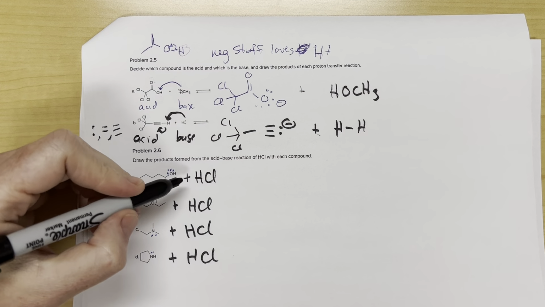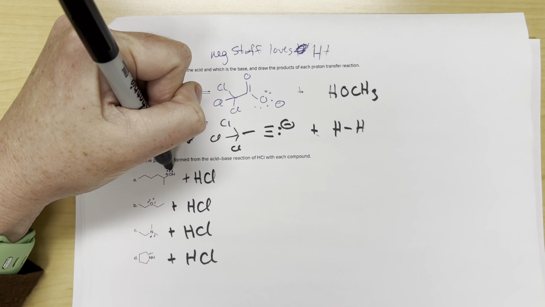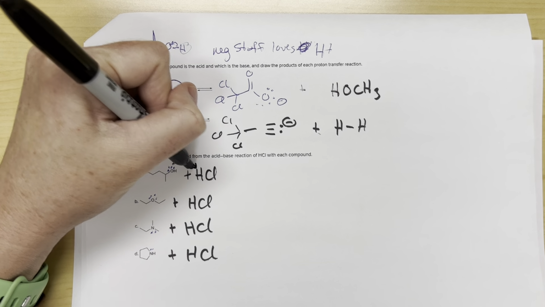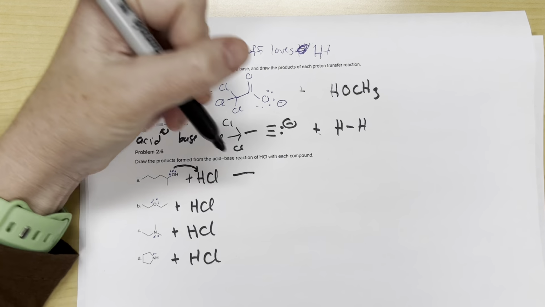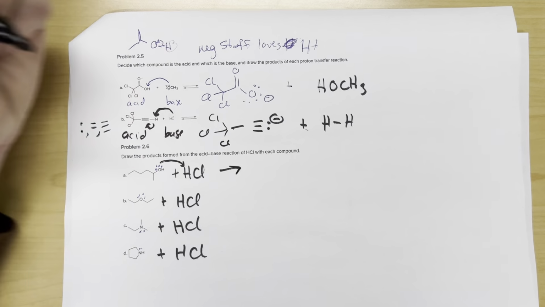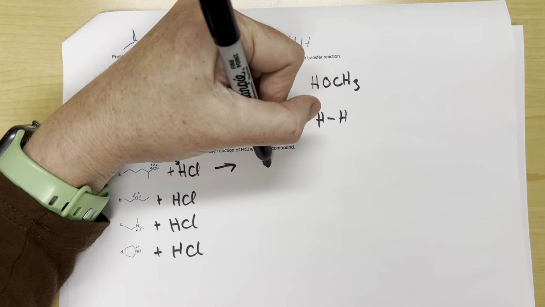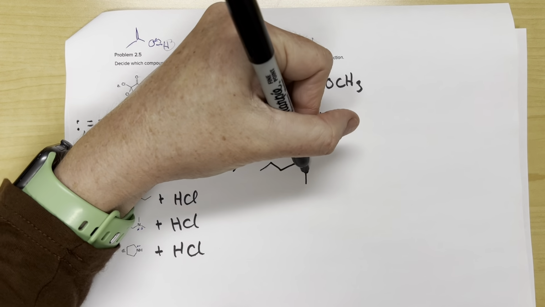Okay, so what's going to happen is HCl is going to give off that H plus, and it does that when this lone pair right here, or I could have done it from over here, grabs that H and takes it on. It's a strong acid, so I'm just going to use a one-way arrow. Then we get this over here.